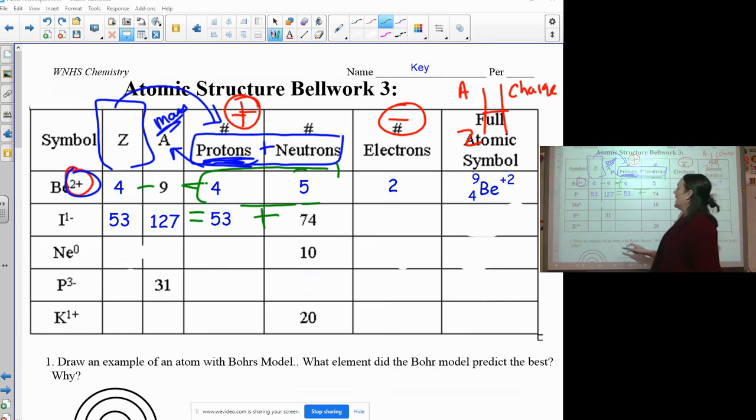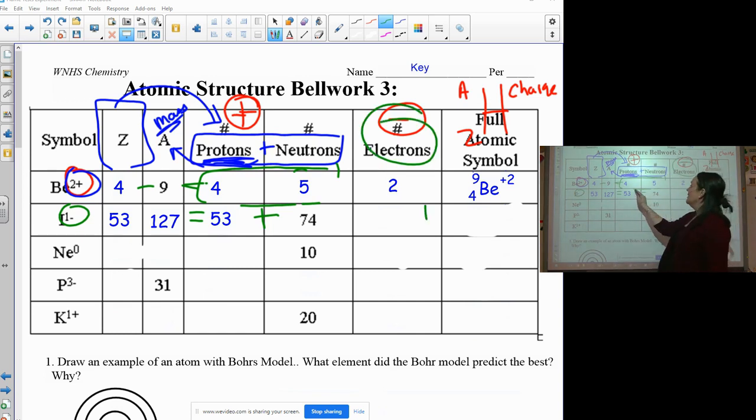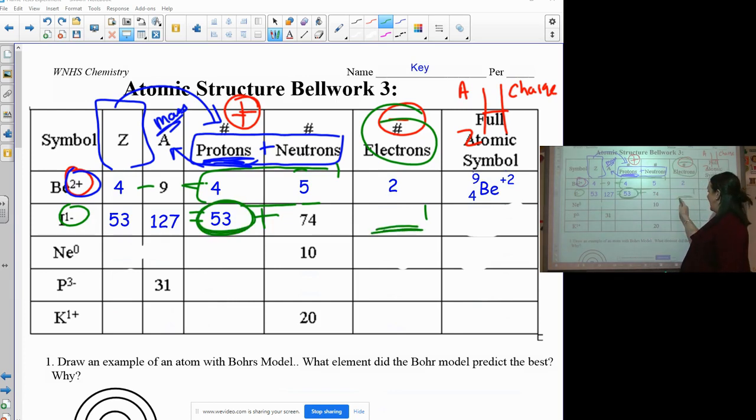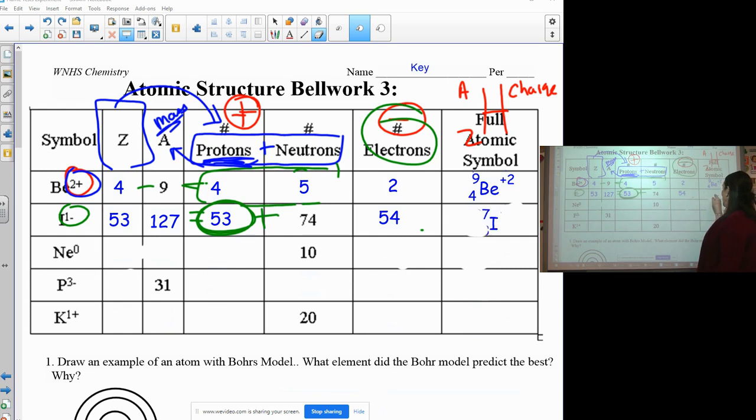And then I am -1 charged. So that means I want 1 more of these negative electrons. So if I have 53 pluses, 1 more than that is how many minuses to get to -1? Perfect. 54. Then you're going to put everything together. I goes in the middle, mass, atomic number, and then the charge.